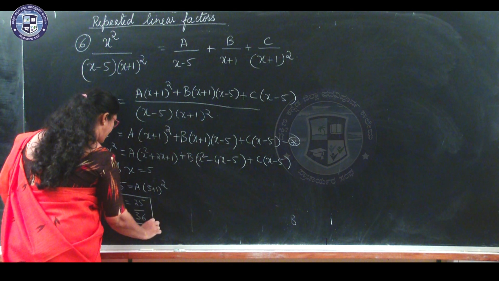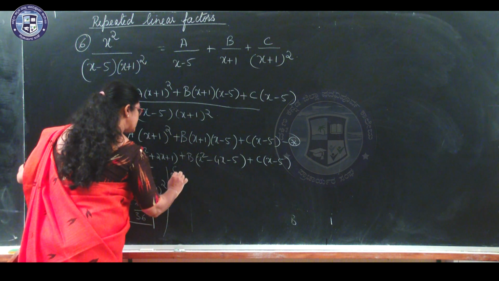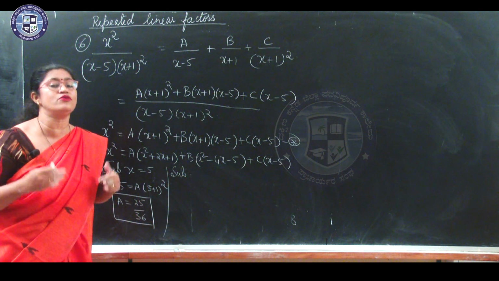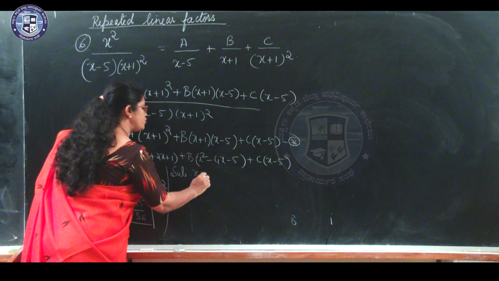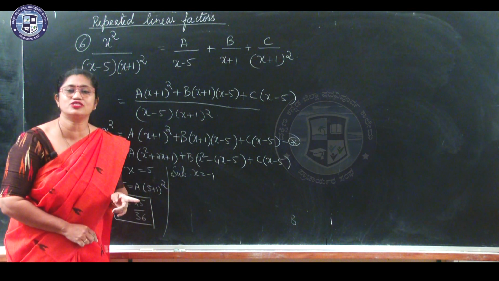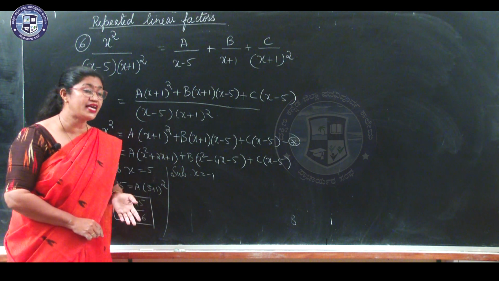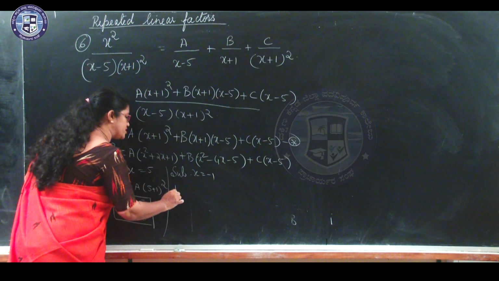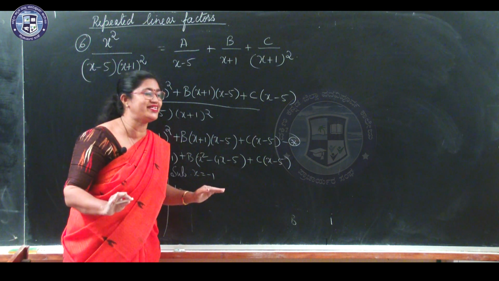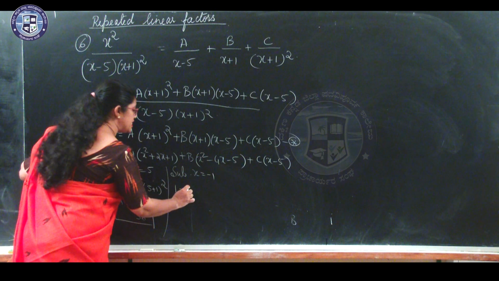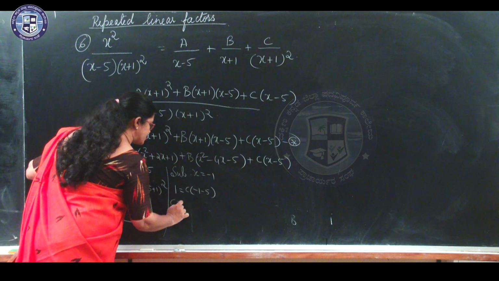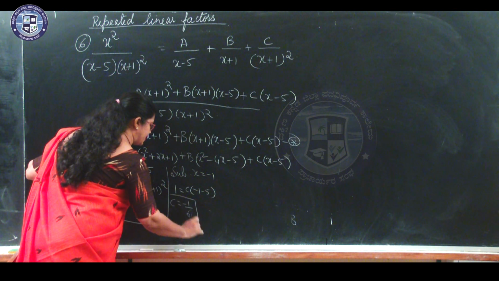You got one value for a. Next, let us substitute x plus 1, so I have to substitute x is equal to minus 1. Replace every x by minus 1: left hand side minus 1 square is 1, a becomes 0, b becomes 0, eliminated, you are left only with c, c into minus 1 minus 5. So, you get c is equal to minus 1 by 6.